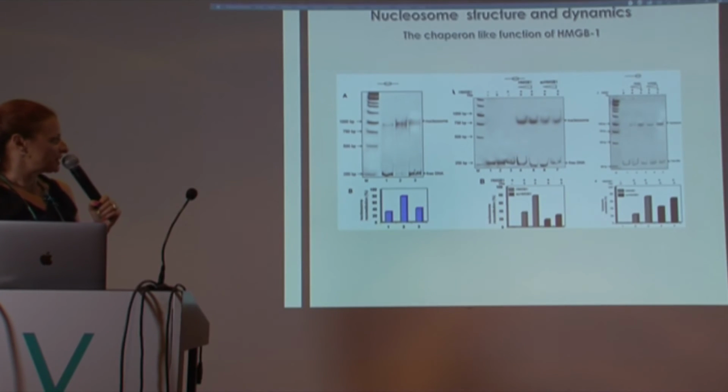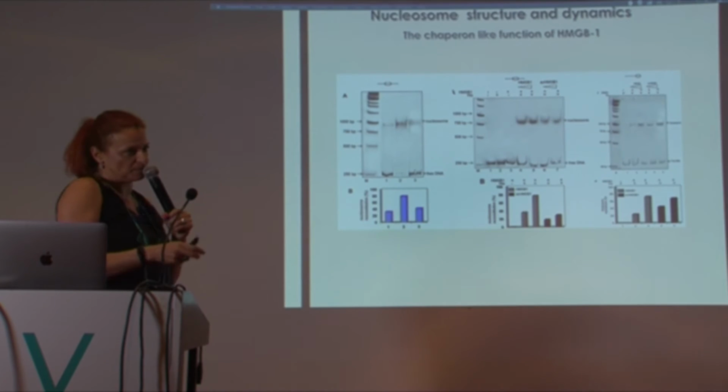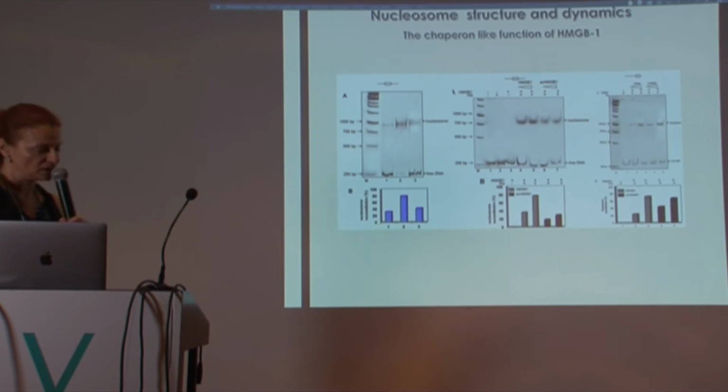Then we tested the next possibility, HMGB1 helping nucleosomal formation just in the tube without salt dialysis, which is impossible if in the tube you don't have some architectural factor to help this process. Otherwise, you couldn't get nucleosomes, which is shown here. And indeed, in the presence of HMGB1 protein, we obtain nucleosomes.